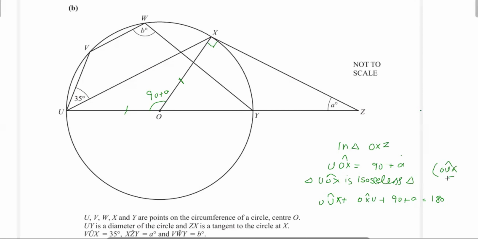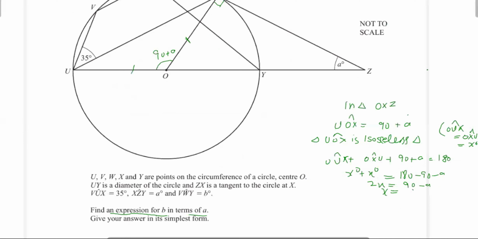OUX equals OXU, and we name it X degrees. Therefore, X degrees plus X degrees equals 180 minus 90 minus A, equal to 90 minus A. 2X degrees will be equal to 90 minus A, so X degrees will be equal to 90 over 2 minus A over 2, and that's equal to 45 minus A over 2.